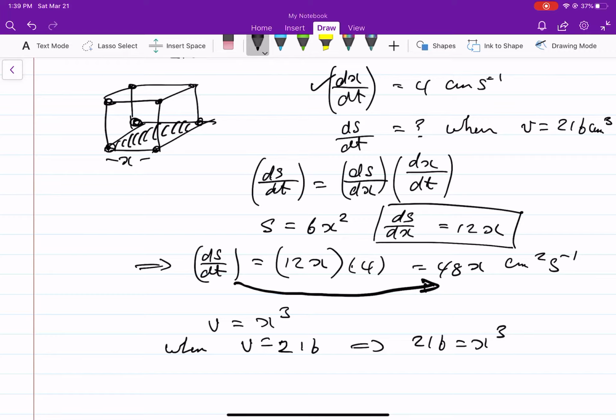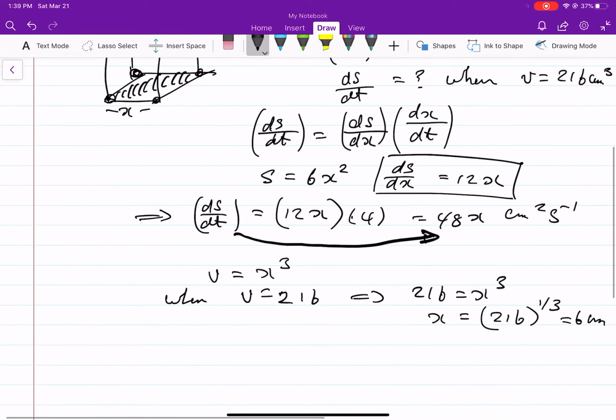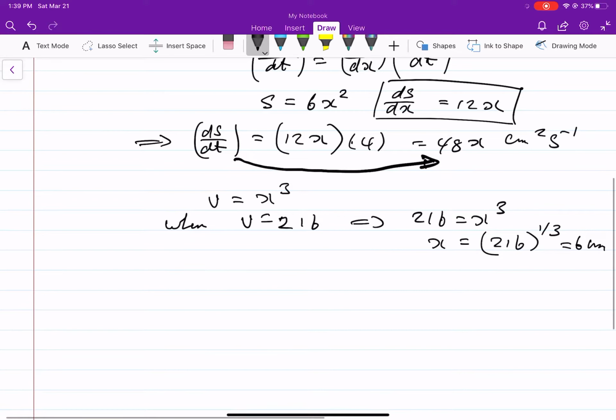And I have no idea what that value is. x is equal to 216 to the power 1/3, which is 6 cm. So when the volume is 216 cm cubed, the length of any one side is 6 cm.